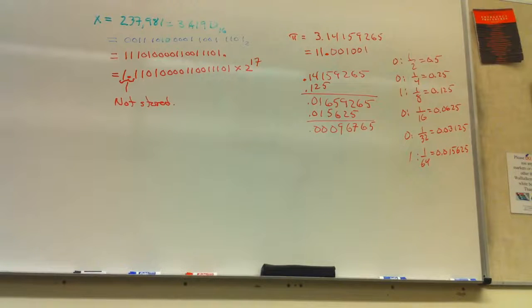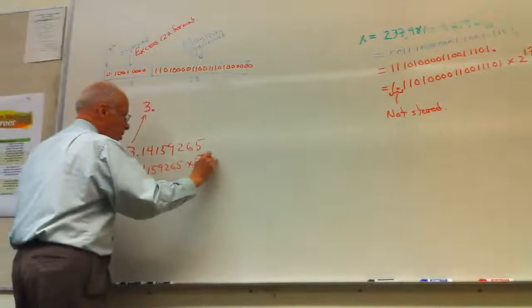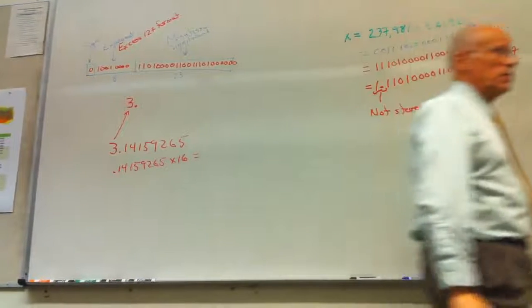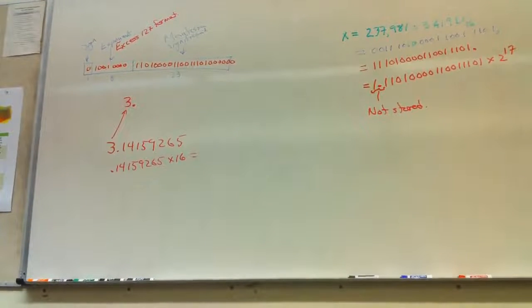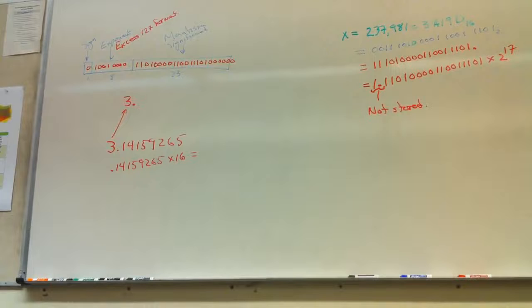We'll take our 3, and instead of going directly to binary, I'm going to go to hex. So I have 0.1415925. I'm going to multiply that by 16. Why 16? Because that's the base I'm going to.